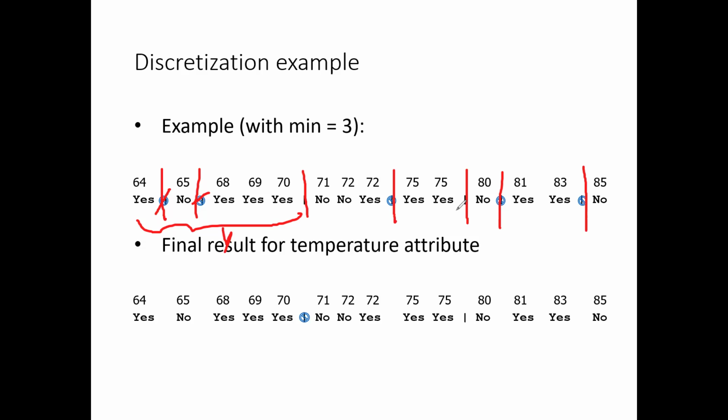Similar to that, if you take this, the minimum should be 3. So no, no, yes, yes, yes. For example, this is also yes. This one is half and half. Therefore, we can put no, but it could be yes as well. If you do this, you remove intervals a lot.